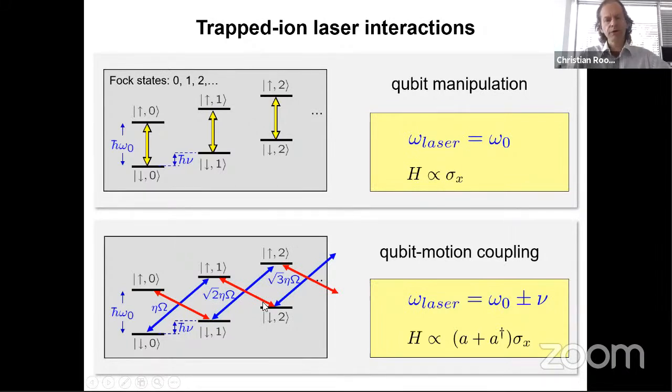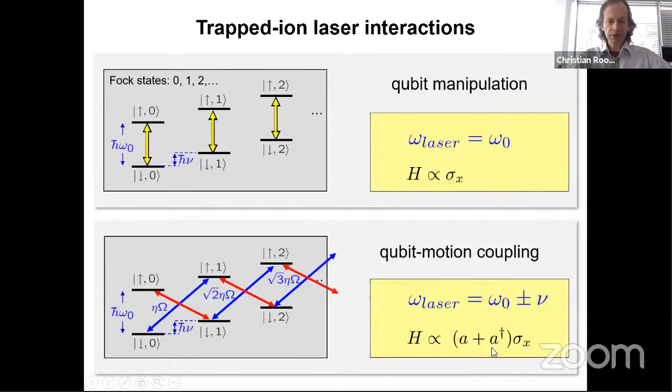And then you have this kind of Jaynes-Cummings and anti-Jaynes-Cummings coupling at the same time. And you can see here, once again, in the lower plot, that whenever you go from the spin down to the spin up state, which is described here in the Hamiltonian by the Pauli X matrix, you either reduce the vibrational quantum number by 1 unit or you increase it by 1 unit. And so this process is then described by the sum of an annihilation and creation operator of phonons in your trap.